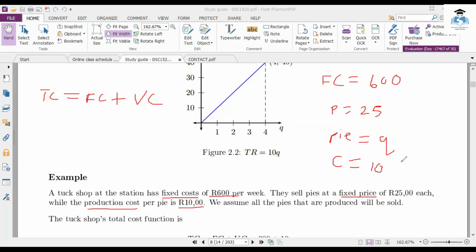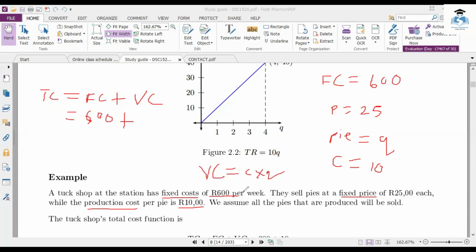Okay, so we now want to plug all this in. We are told that FC is 600. Then to find the VC, we say it's equal to C times what?